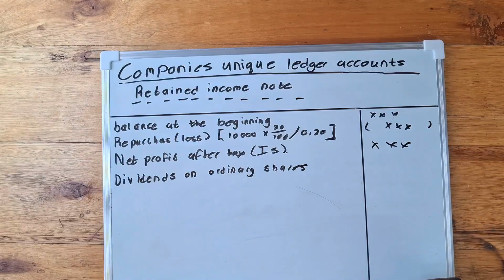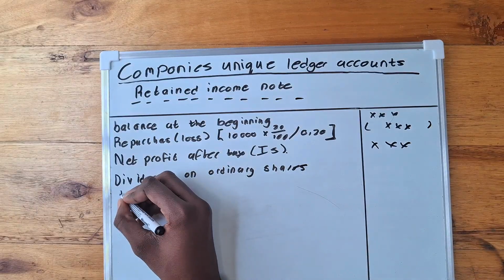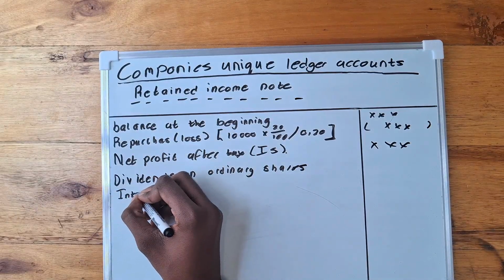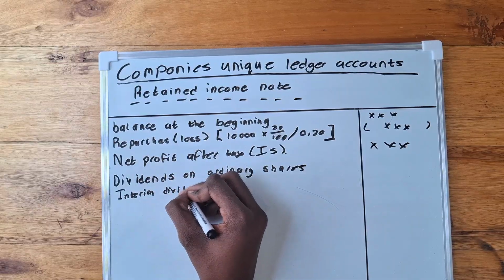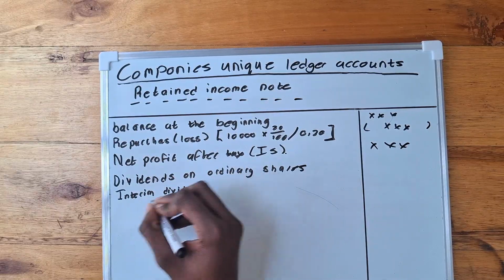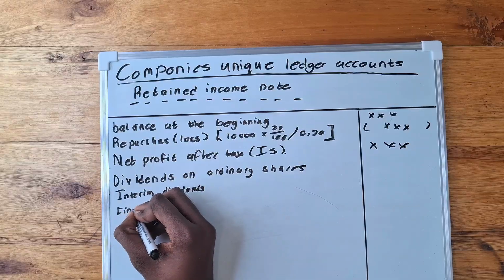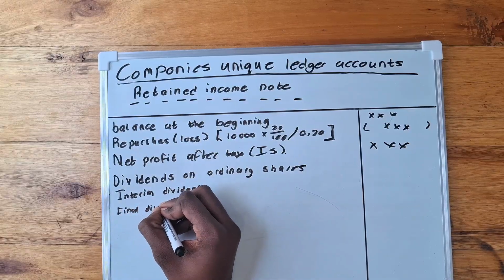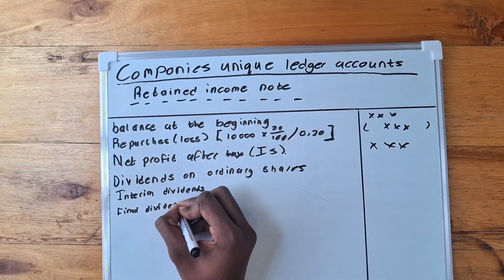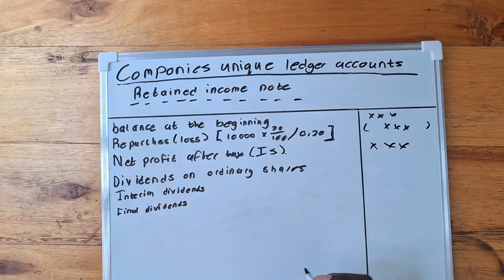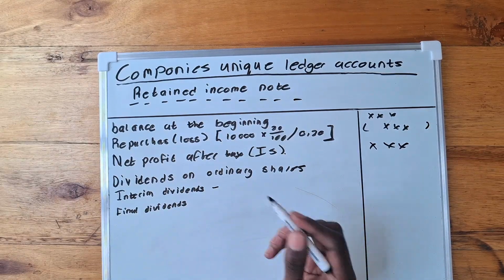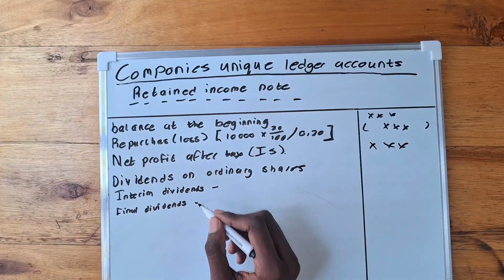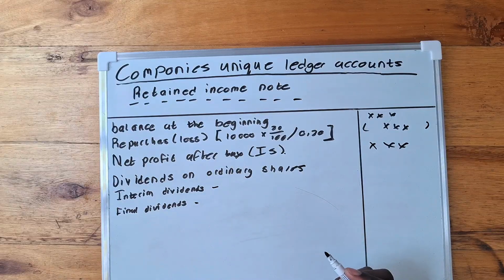In this one, you have two things: your interim dividends and your final dividends, okay? Your interim dividends are the ones that are usually paid during the year. Then the final dividends are usually paid at the end of the period.